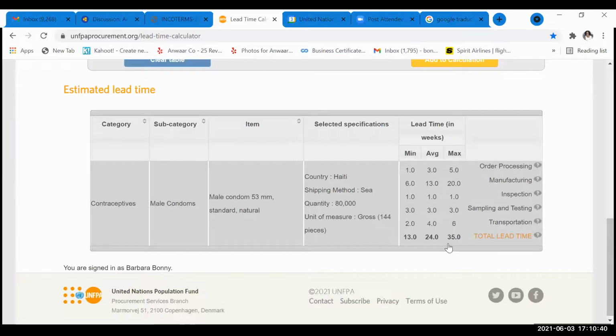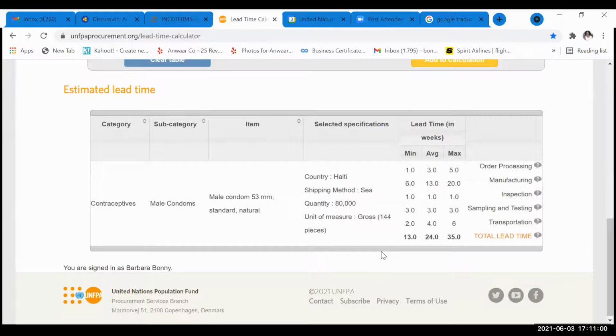And when it arrives in the country, we have a broker that does the processing to customs clear the goods. But most of the time, for those particular types of commodities, it takes longer, like the maximum 35 weeks. Yes, so this is the tool that we are using.